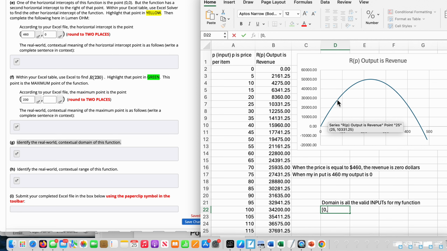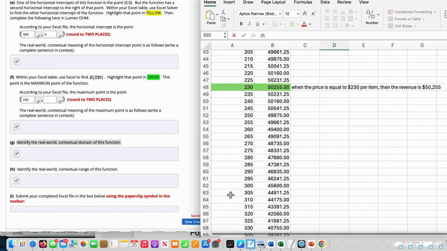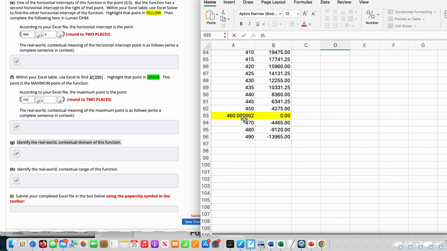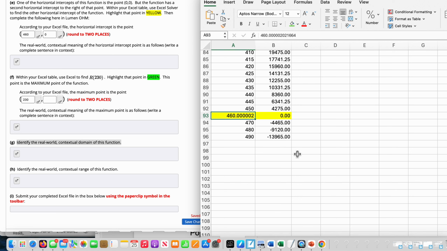All right, and then if I look here contextually, well, if I charge more than $460 per item, I start to have negative revenue or a loss. So realistically, I'm not going to charge more than $460 because then I would lose money.